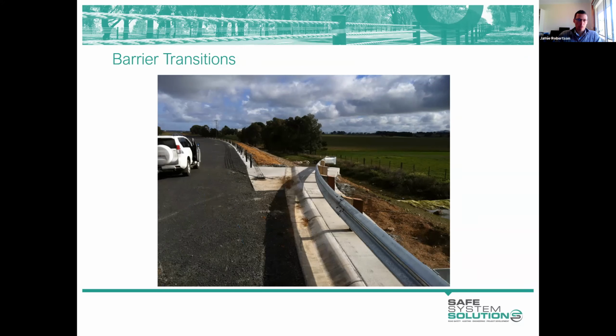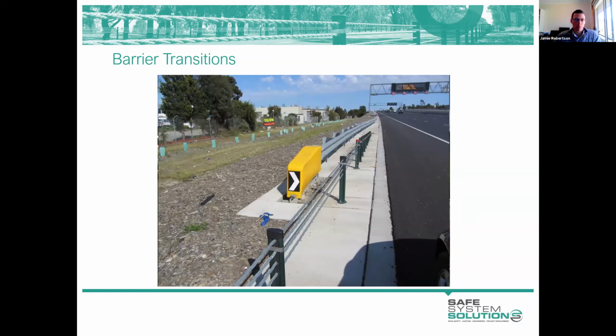Another thing to be mindful of when overlapping systems is the distance between the overlapping systems. These two are obviously pretty close together. We should be providing a distance between them that is equal to or greater than the expected deflection of the upstream system. So if you had a wire rope in front of a guard fence, you might be looking at perhaps 2 metres or thereabouts.